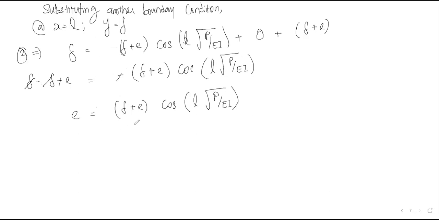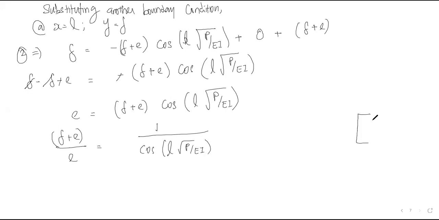So now we can do the cross multiplication. That is (delta plus e) by e is equal to 1 divided by cos of L into root P by EI. We all know that 1 by cos theta is equal to secant theta. So the formula changes like this: secant L into root P by EI.